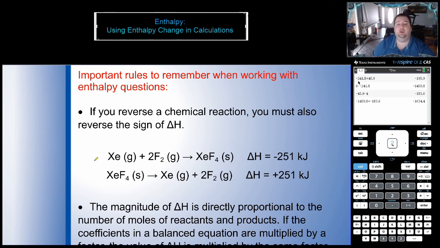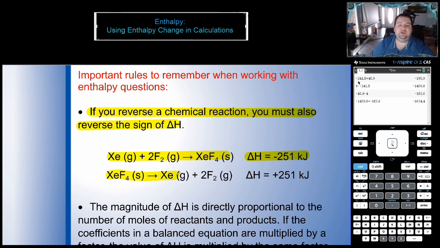So the first one is that if you reverse a chemical reaction, you must also reverse the sign of delta H. Let's look at an example. Here we have xenon plus 2 moles of fluorine gas that are going to be creating xenon tetrafluoride. Okay, this reaction has a delta H of negative 251 kilojoules per mole, which means it's exothermic.